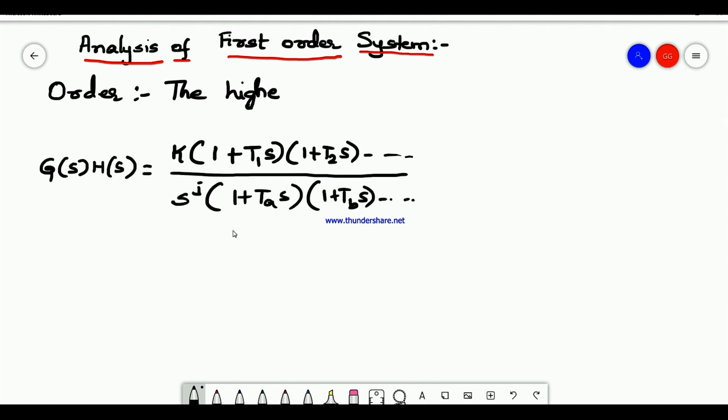So this was the G(s)H(s) equation we took for knowing the type of the system based on the value of j, right?